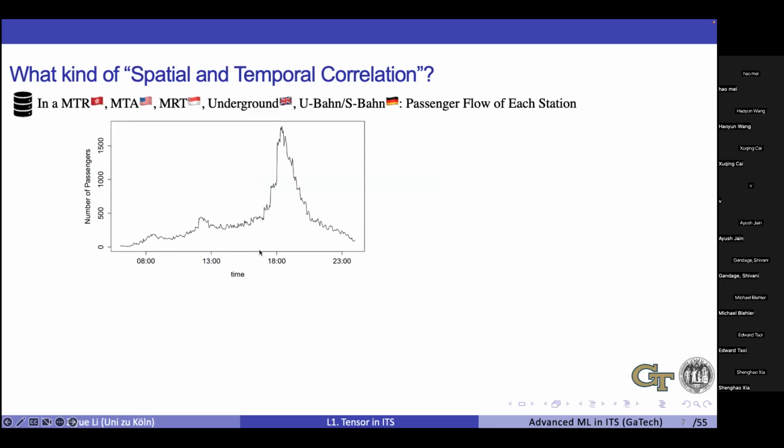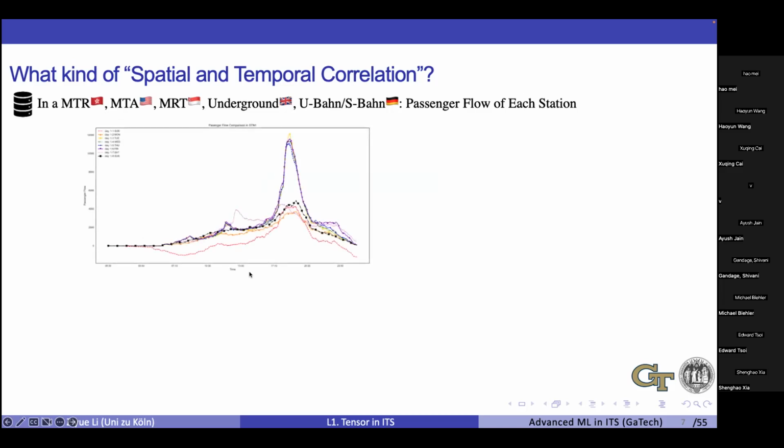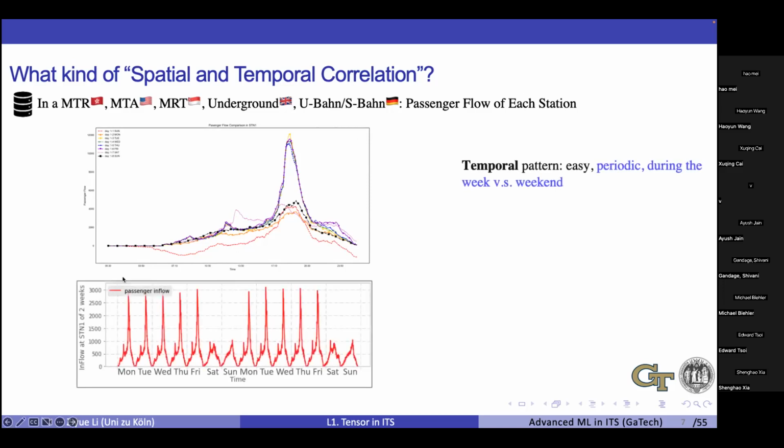And if we look at more days, for example 10 days, maybe there are some patterns, but it's not clear enough. If we put the 10 days in a row, then we can see really nice patterns. Temporally, every week from Monday to Sunday is a cycle, so 7 days as a cycle.